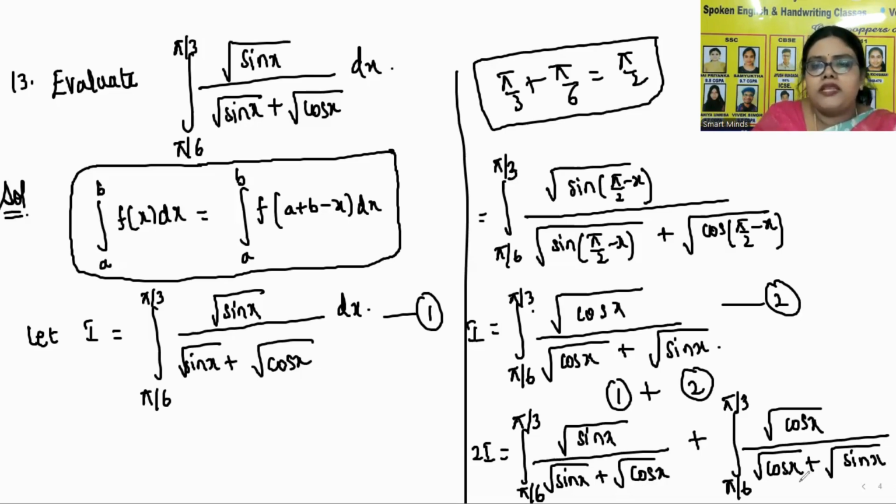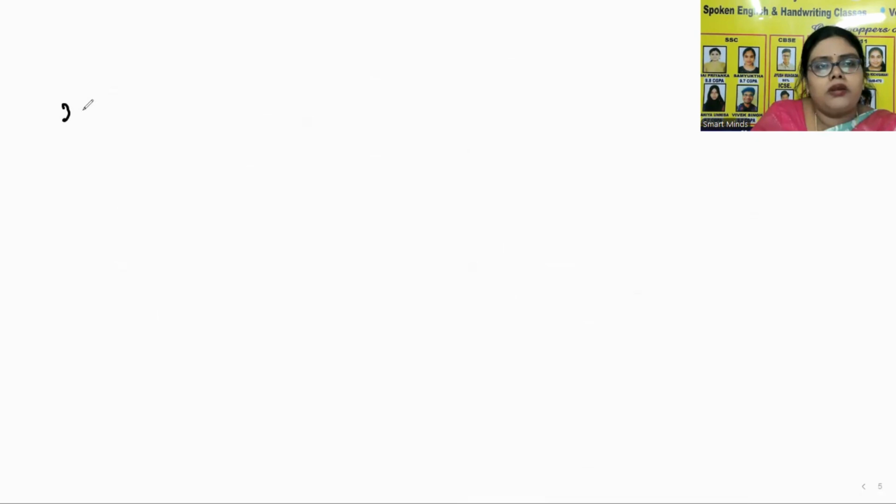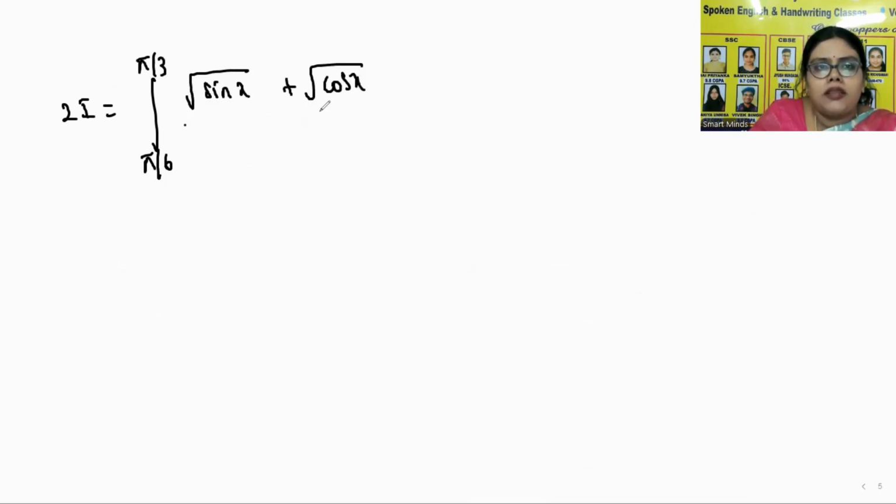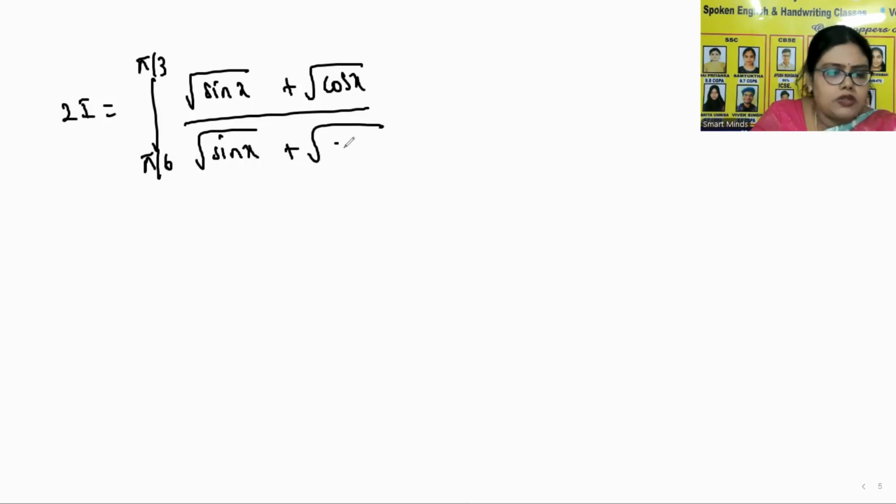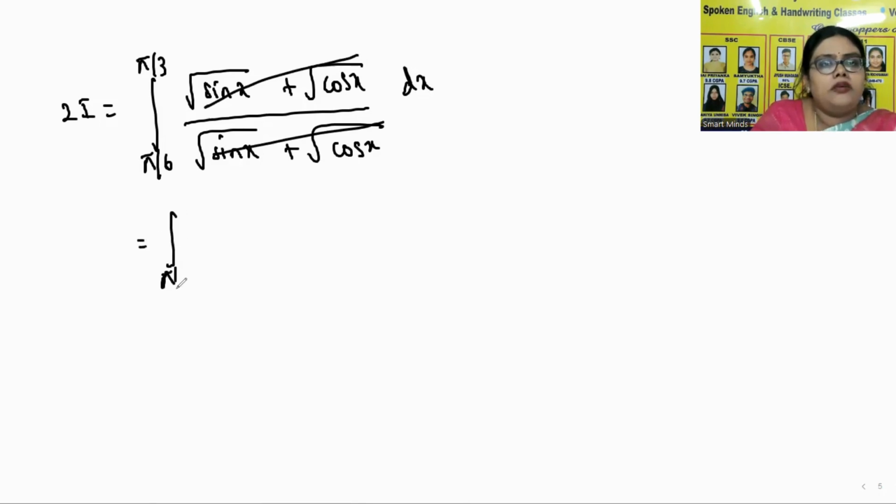Now here you can see in both the terms the denominators are the same, so we can add the numerators. So 2I equals integral pi by 6 to pi by 3 of root sin x plus root cos x by root sin x plus root cos x dx. Now numerator and denominator can be cancelled, and you get 1 dx.